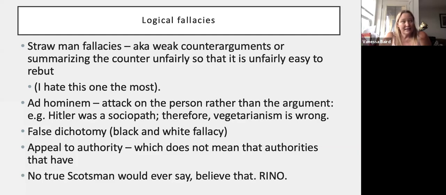Where I see this a lot is with nutrition, or this kind of hippie stuff, where someone says, I just don't believe in chemicals. And it's like, wait a minute, water is a chemical.